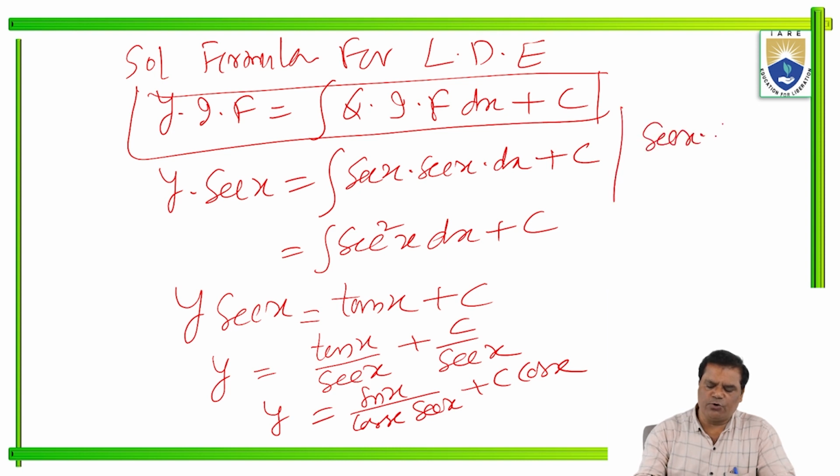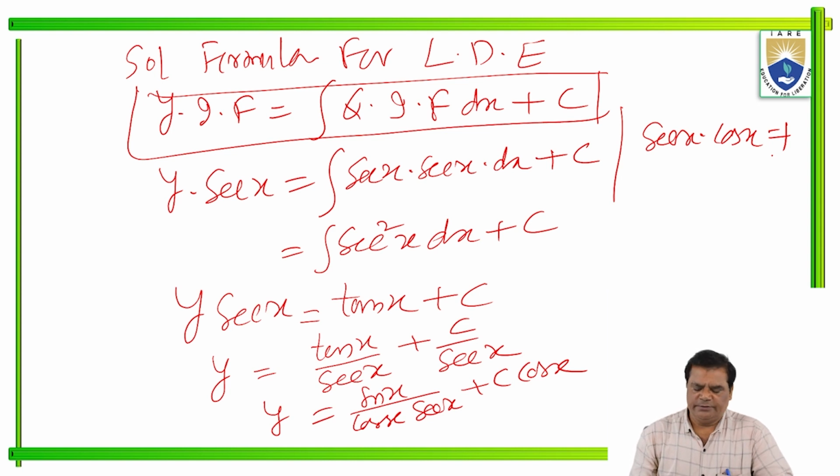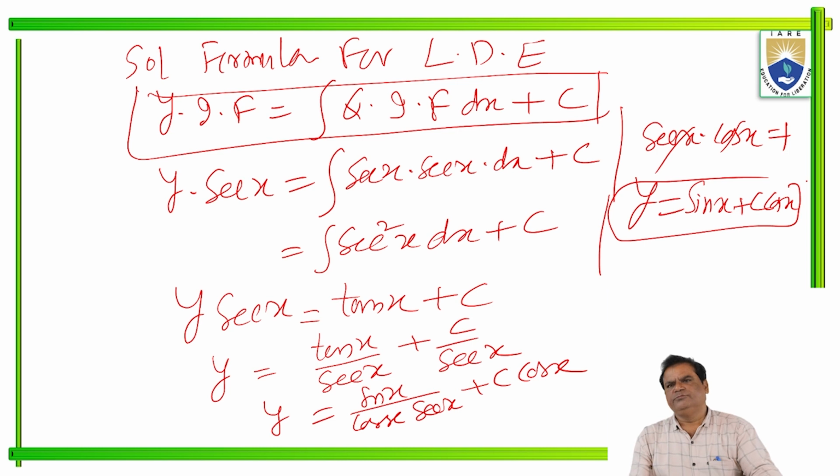Sec x into cos x is always 1, they are inverse to each other. So now y is equal to sin x plus c cos x. This is the complete solution of this Bernoulli equation.